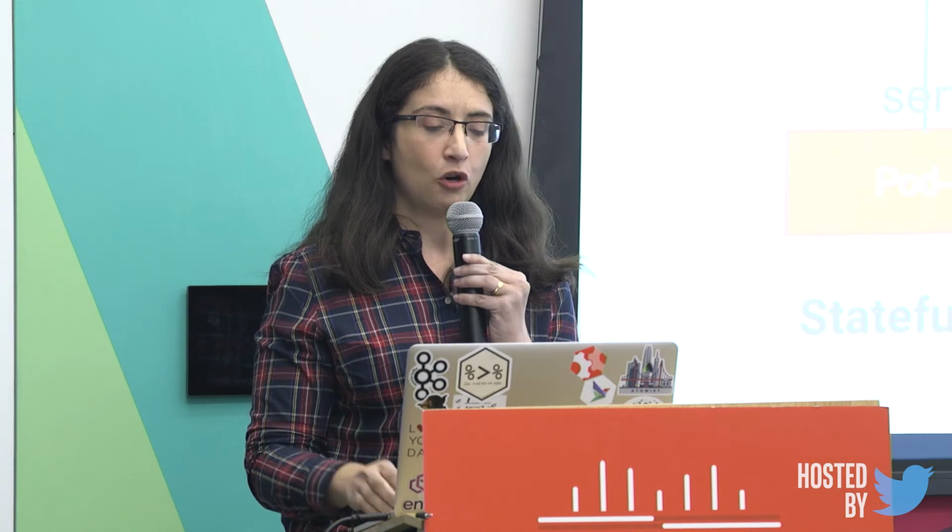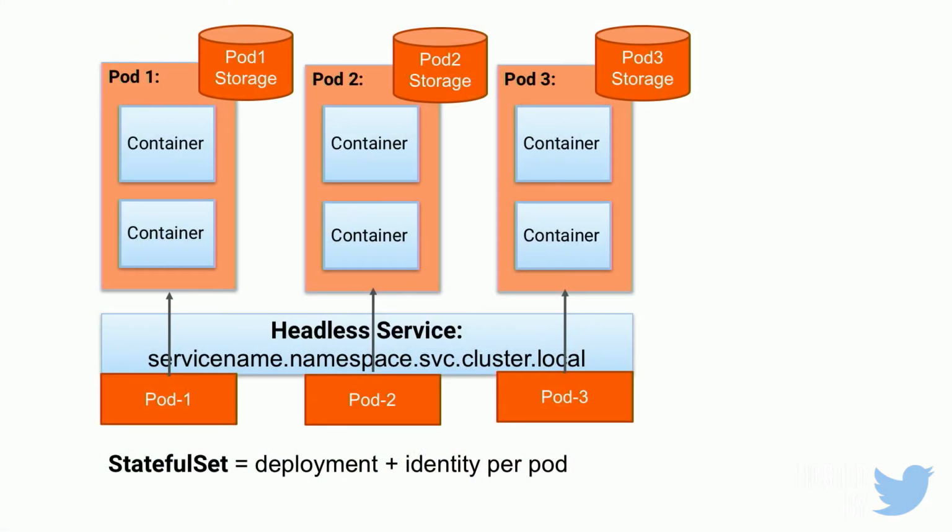And when you have this kind of identity, where the specific application server that you're talking to also holds the storage that you're interested in, and it has a specific access point, this is where we get to the concept of a stateful set. There are a lot of different ways to understand stateful sets, and the state itself is just part of it. The fact that it has storage and a persistent volume is nice, but it's not the whole story.